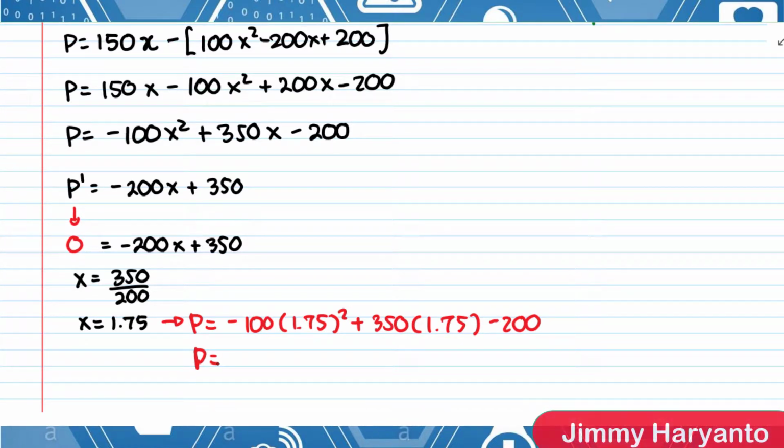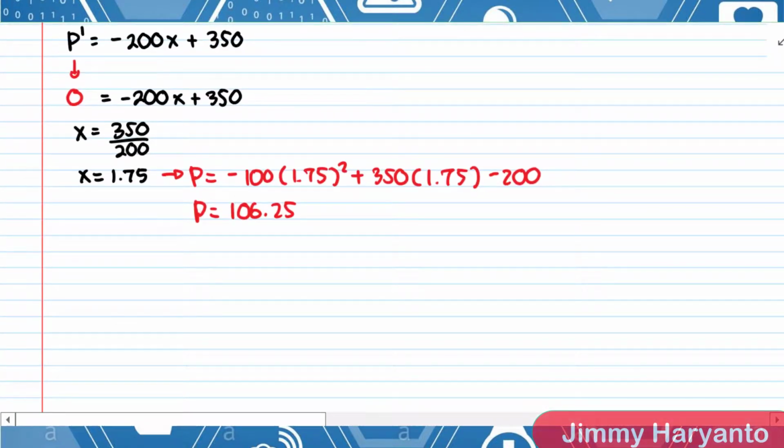The profit will be 106.25 in 1000 rupiah.